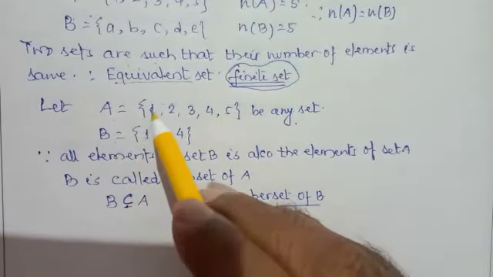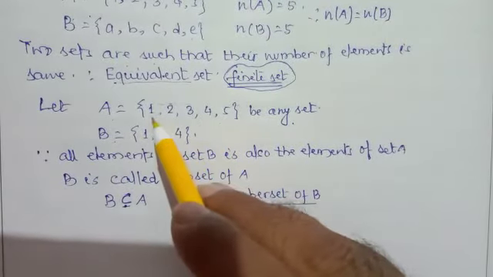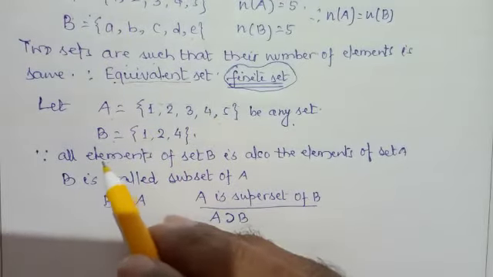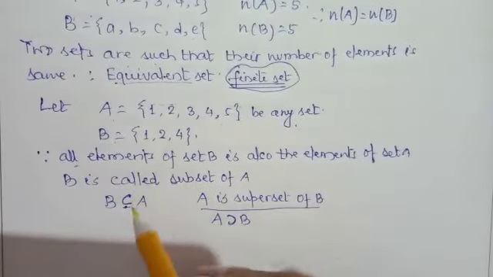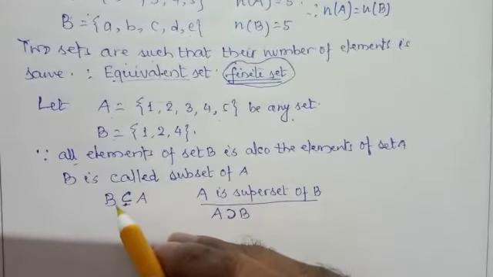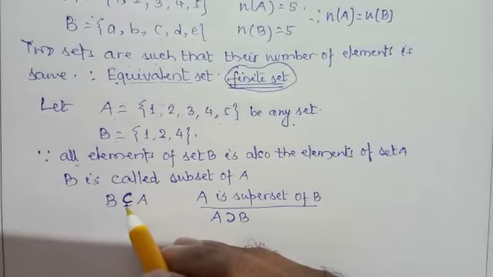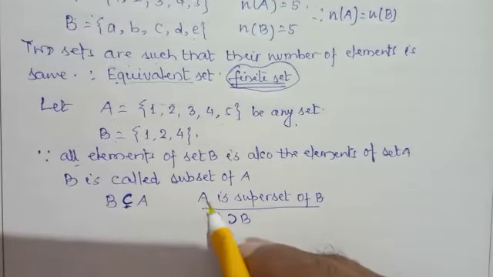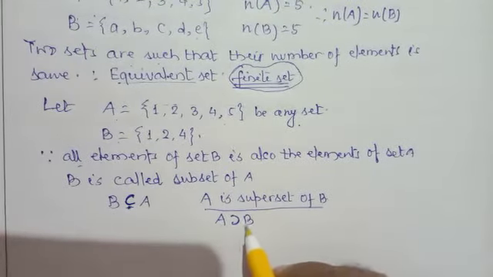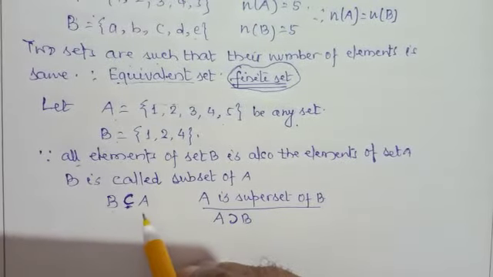Since all the elements of set B are also elements of set A, in that case B is called a subset of A, and it is represented by this symbol. B is a subset of A, and A is called a superset of B. You may write it this way: A is a superset of B and B is a subset of A.